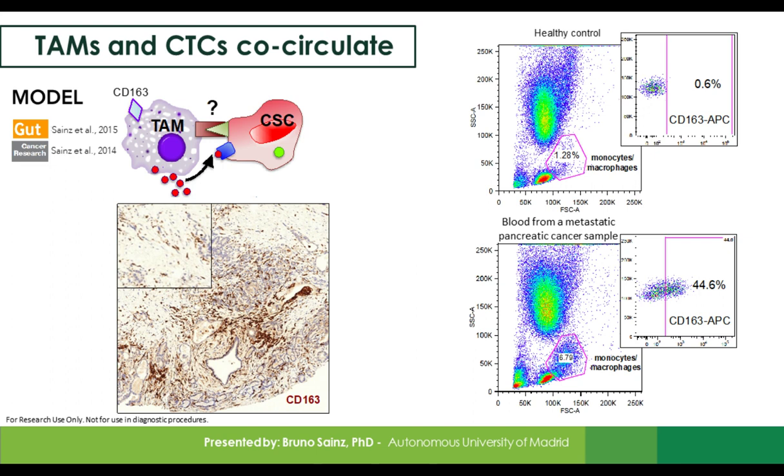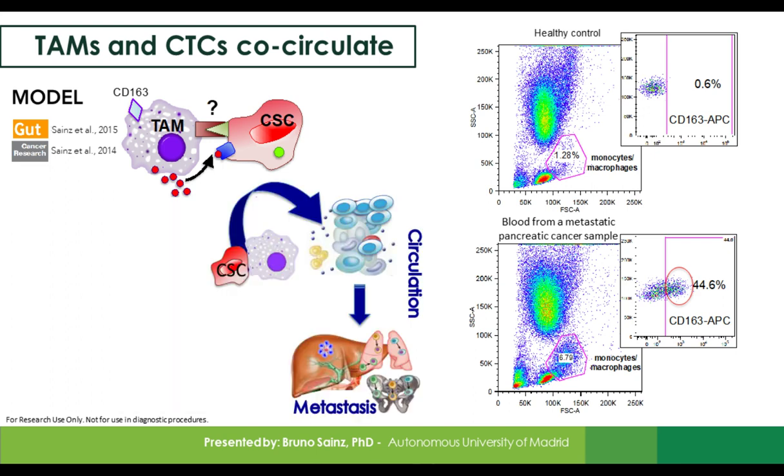If we look specifically at this population and use a marker for M2 macrophages or TAMs, here CD163, via flow cytometry we see that 44.6% of the monocyte macrophages are CD163 positive, indicating an increase in M2 or TAM-like macrophages in circulation, which are likely coming from the primary tumor. So the hypothesis is that macrophages promote cancer stem cell dissemination, intravasation, circulation, and facilitate their extravasation to secondary organs in order to form metastases.